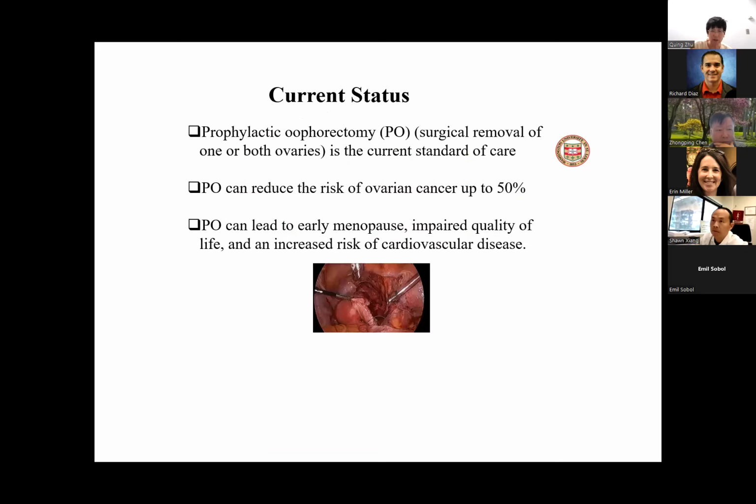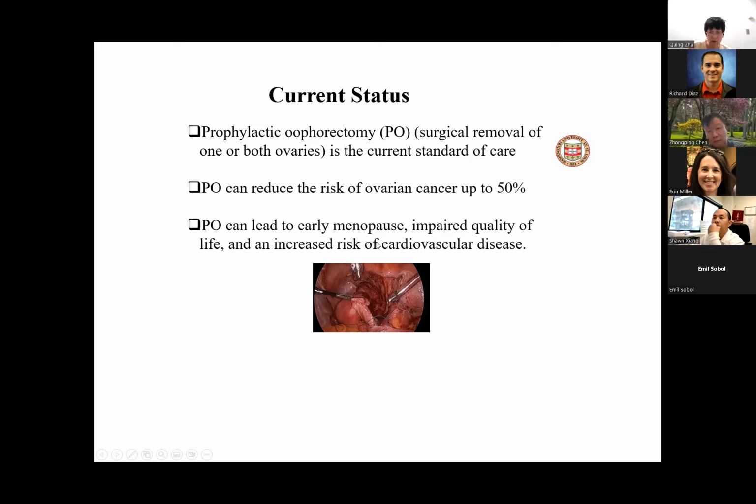And how do they do it in current standard of practice? They basically pursue surgery. If there are any suspicious lesions, seen either by CT or ultrasound or by palpation, they will pursue surgery to cut the ovaries and the lesions out, which is certainly costly.